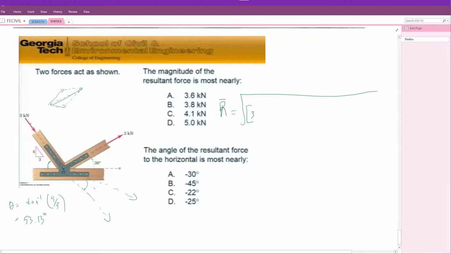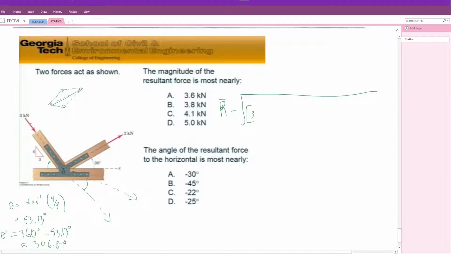But before that, let me figure out this angle. Since they are the same, I'm just going to put here theta prime. This one is going to equal 360 degrees minus 53.13 degrees, which gives me about, let's see, 360 minus the answer, 306.87 degrees, rounded to the nearest.